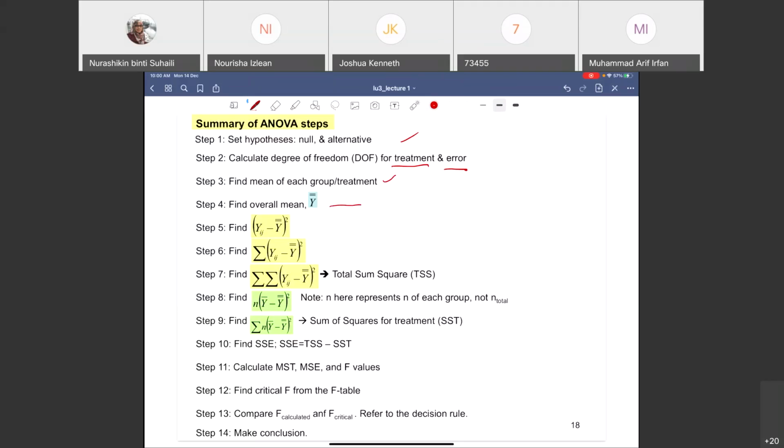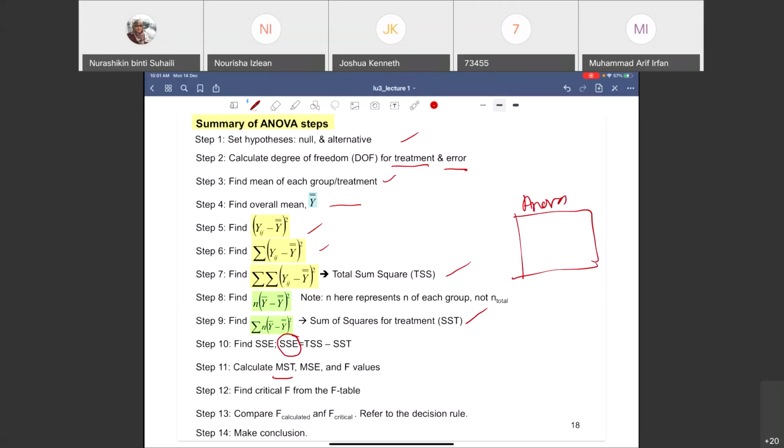Okay, and then we have to find this. I'll explain this after this. TSS. Basically you have to find what is TSS, what is SST, and from there you will know what is SSE, and at the same time you have to create that ANOVA table that I mentioned just now, and fill up those values.